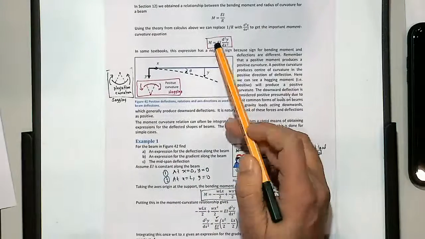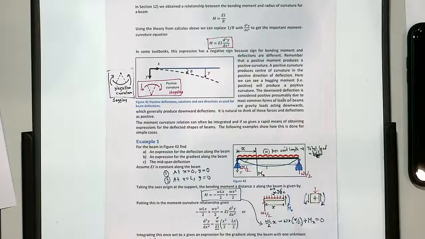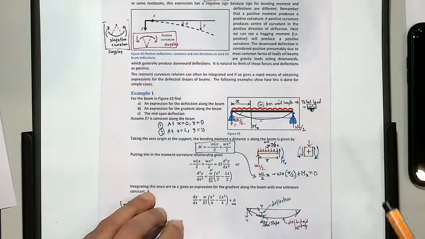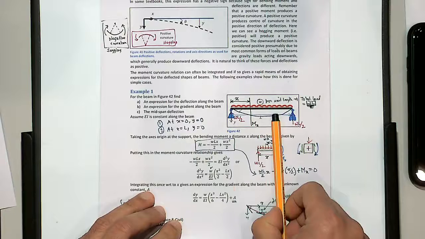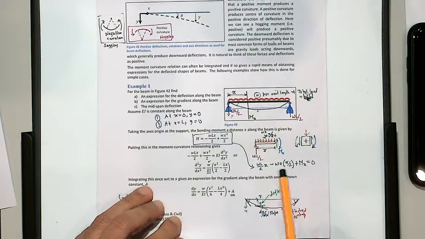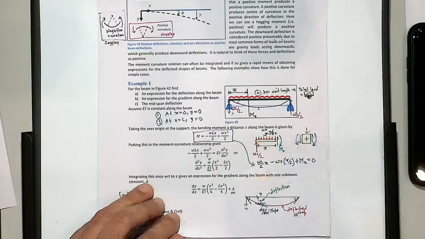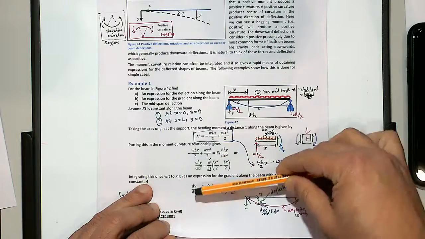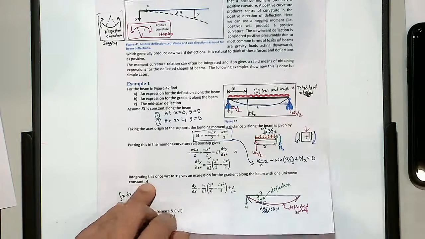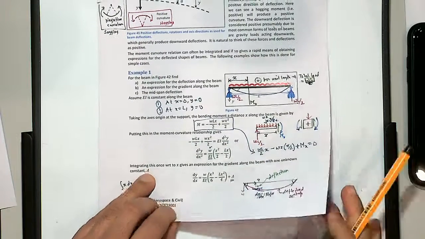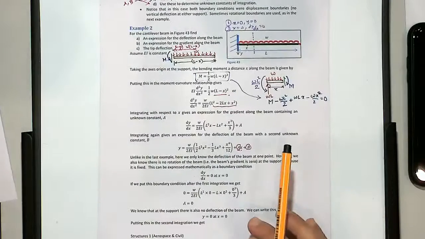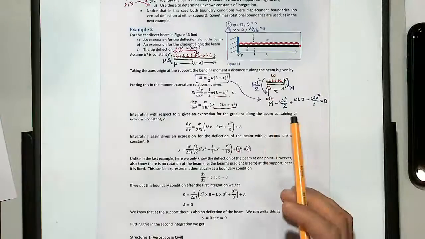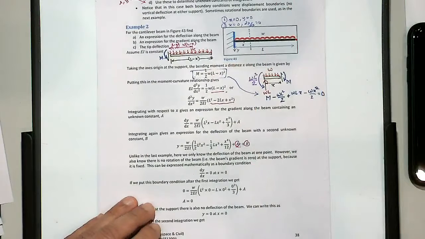Now we use that to relate to moment, as moment is EI times d2y/dx2. So then we took an approach. First we found out at an arbitrary distance x what would be the bending moment M in terms of x, and then once we got that, we subsequently integrated it to calculate the rotation, which is dy/dx, and the deflection, which is y. So we did two problems: a simply supported beam under UDL and a cantilever beam under UDL.